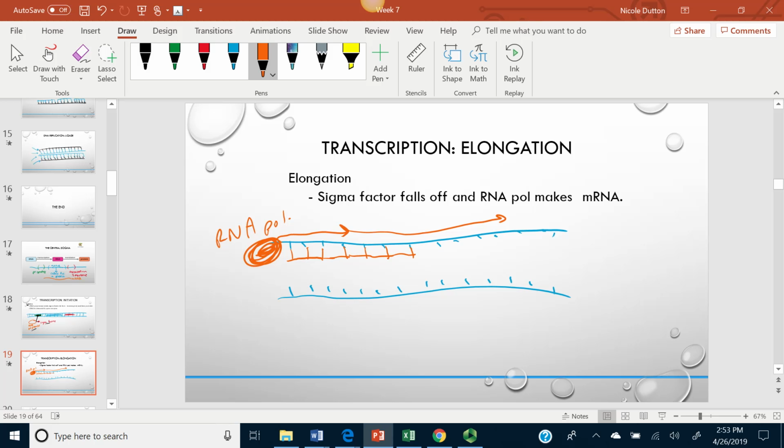Now the promoter was here. The gene of interest is this region right here. And then at the end of the gene is a termination sequence.